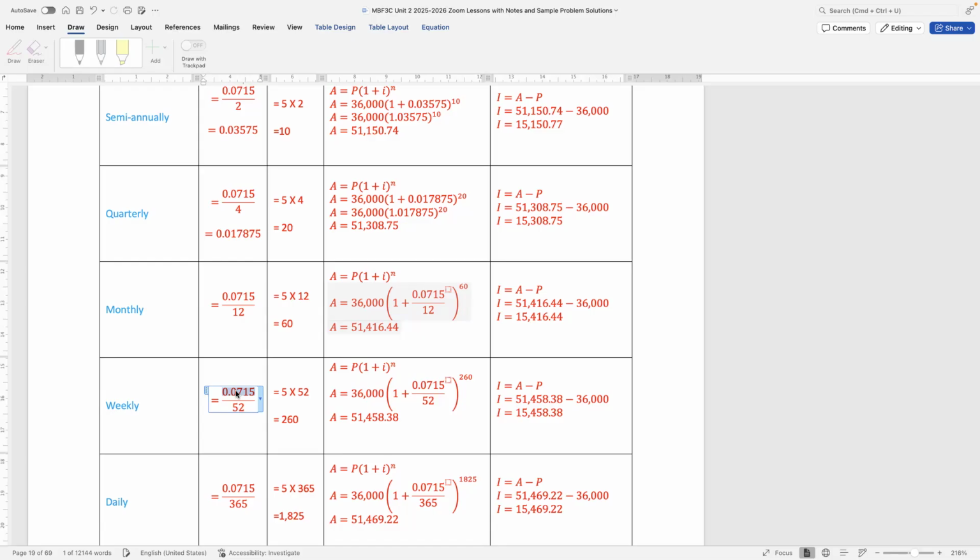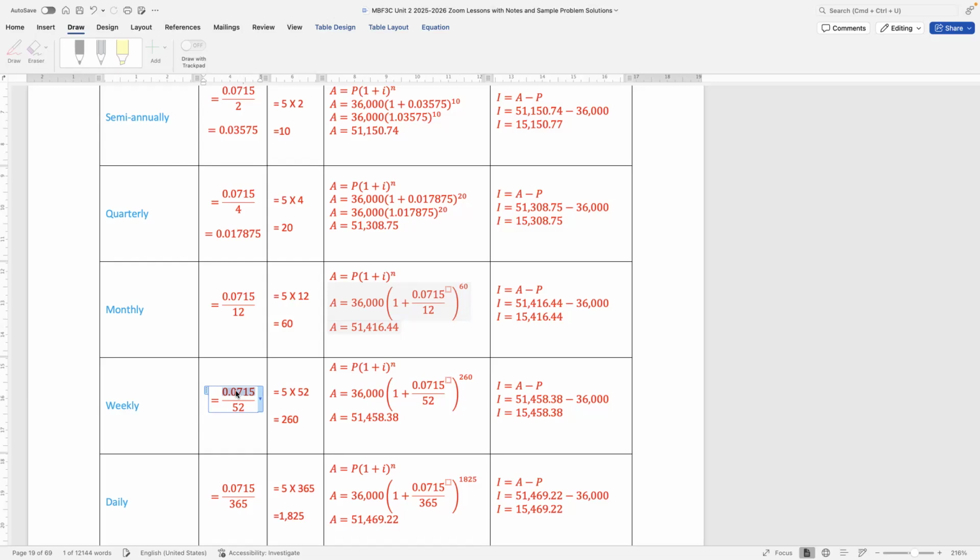So it's going to be 0.0715, divide that by 52, add on the 1, plus 1. Now, 5 years and there's 52 weeks in a year, so that means there's going to be 260 weeks in total. So my n value is 260. So now to the power of 260. And then I need to times that by 36,000.